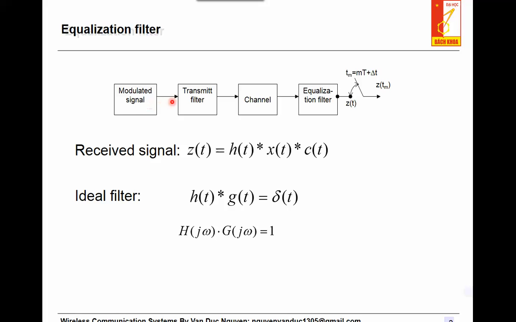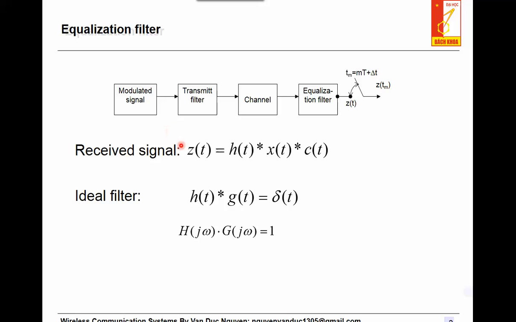You need a transmitter filter at the transmitter in order to form the signal in a suitable form. Then this signal goes to the channel, and at the receiver, the signal goes to the equalization filter in order to reconstruct the signal.